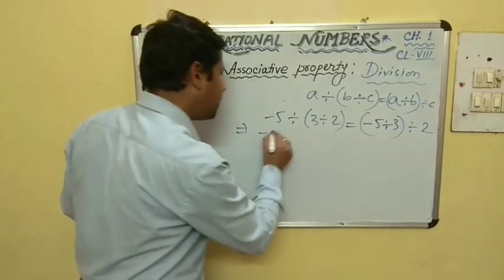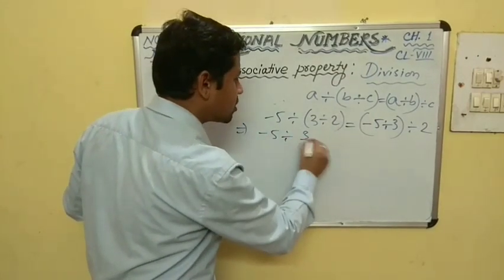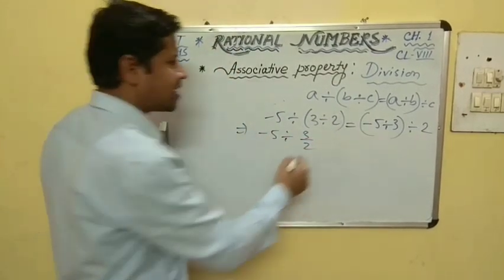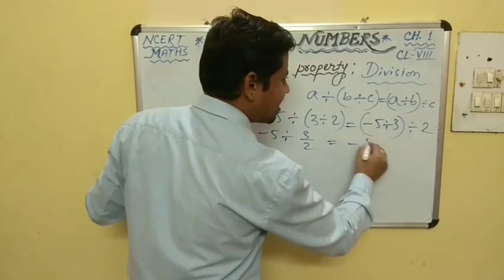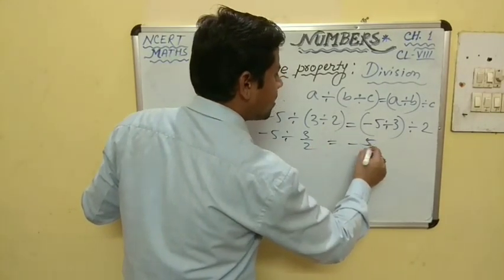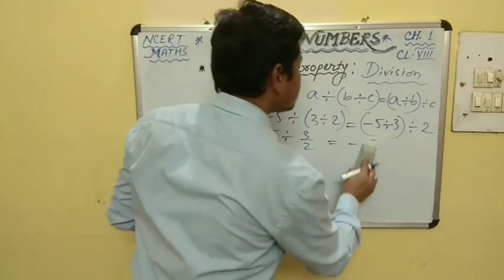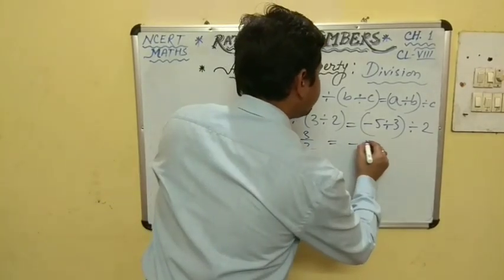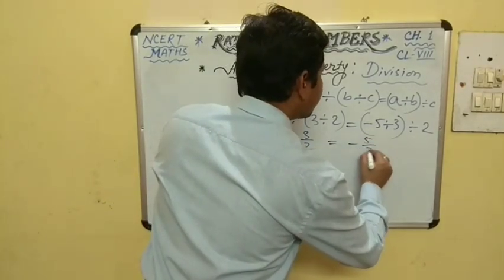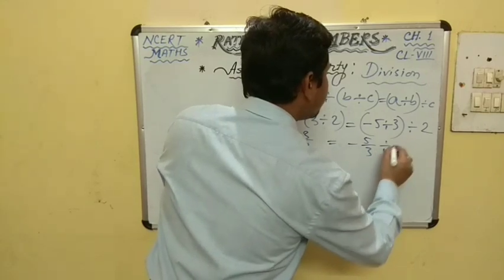Minus 5 divided by 3 divided by 2, it's not possible like that, so let's take 3 by 2 first, and here minus 5 upon 3. Minus 5 upon 3 divided by 2 here.